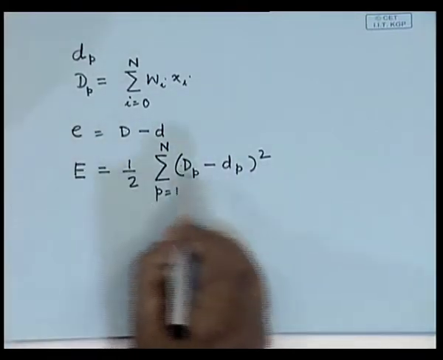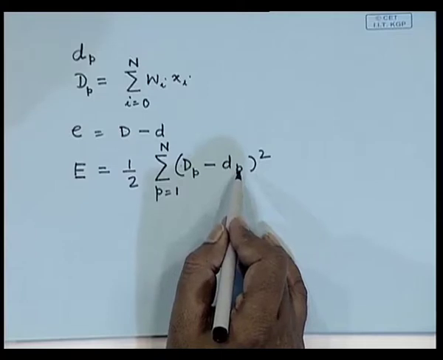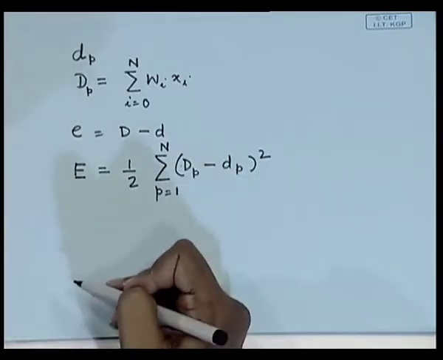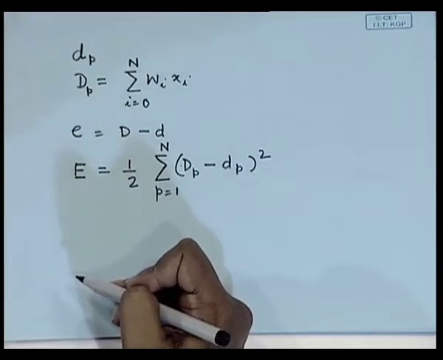The simplest approach is to minimize this by differentiating it with respect to w. As w has m plus 1 components, differentiating with respect to w and equating to 0 gives m plus 1 simultaneous linear equations.